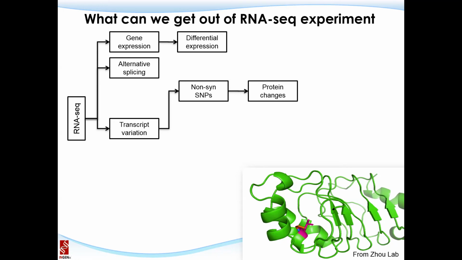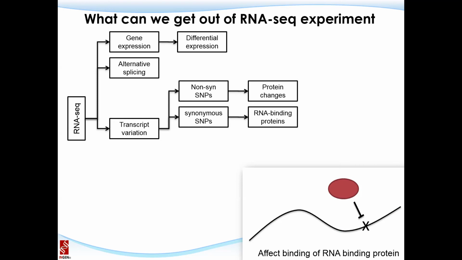We will go through all the tools that we need in this course about how to do those types of predictions. The second level is a SNP that is silent, so it doesn't change the protein sequence. In many cases, people will think, oh, they are synonymous SNPs, they are not useful at all.